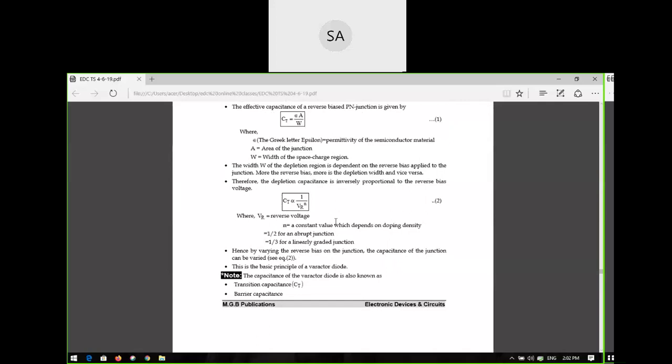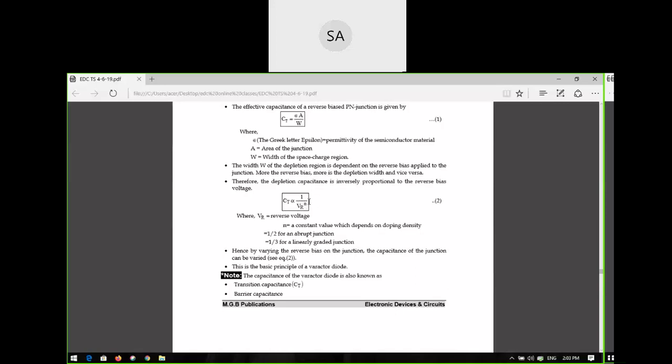These varactor diodes can be used because the frequency varies with the capacitance, since F is equal to 1 by 2 pi square root of LC. The L value can't be changed that easily, but the C value you can change. That is why varactor diodes are used in FM receivers. Okay, so this is the formula for parallel plate capacitance, and this is the formula for a varactor diode with respect to the reverse voltage.